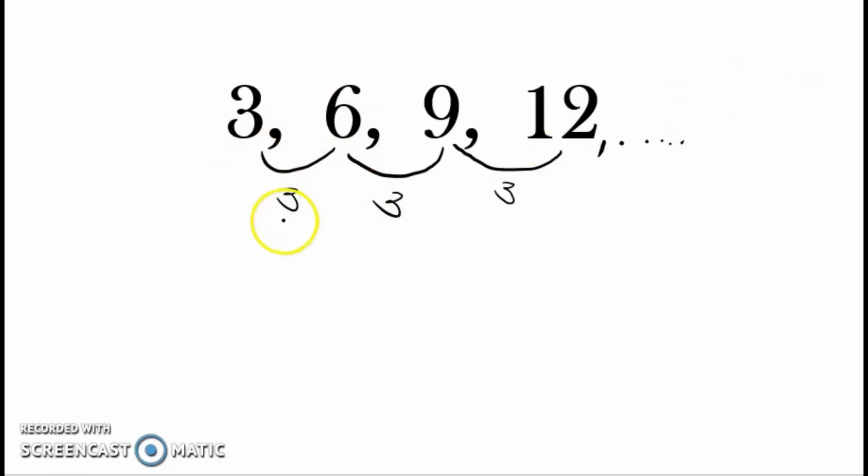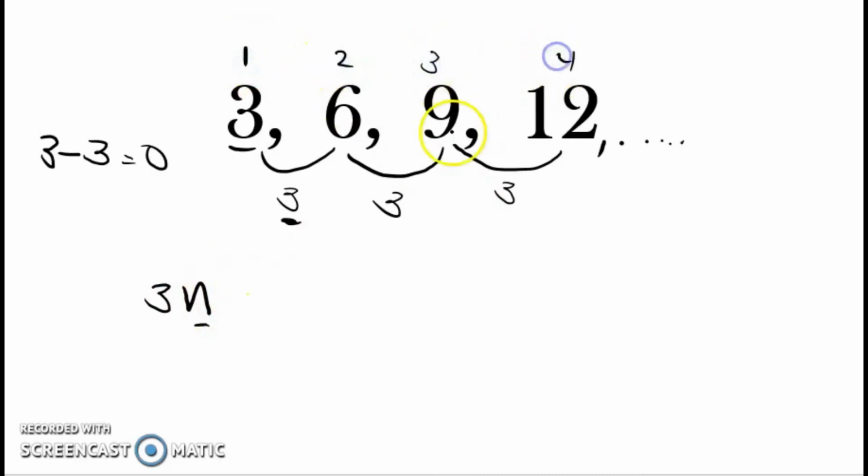Or pwede natin gamitin yung formula 3n. Okay, 3 minus 3 is, mina-minus natin, di ba? 3, this one minus this one, 3 is equal to 0. So 0, so wala na tayo ilalagay dito. So, gawin na lang natin ganito. Yung n, that is the term. So let's say for example, kung ito yung first term, second term, third, this is fourth.